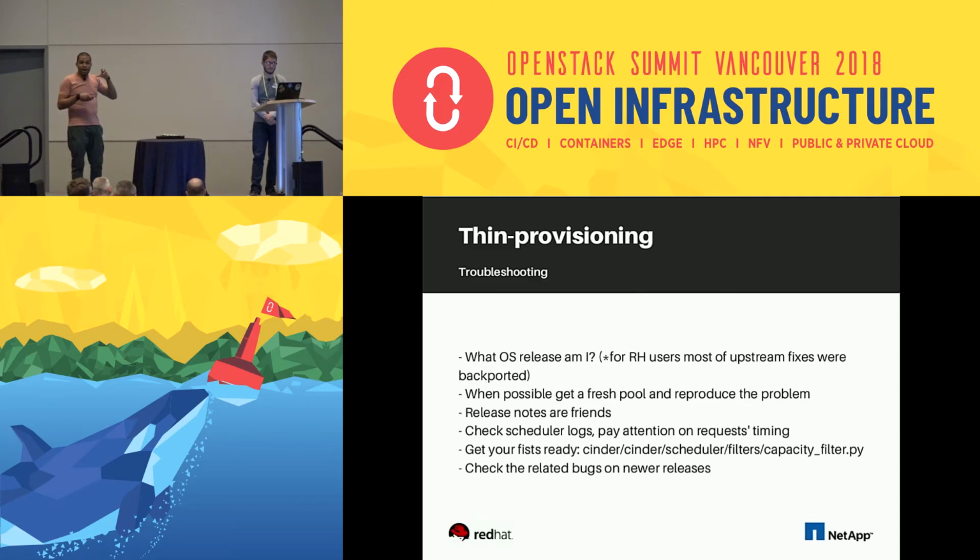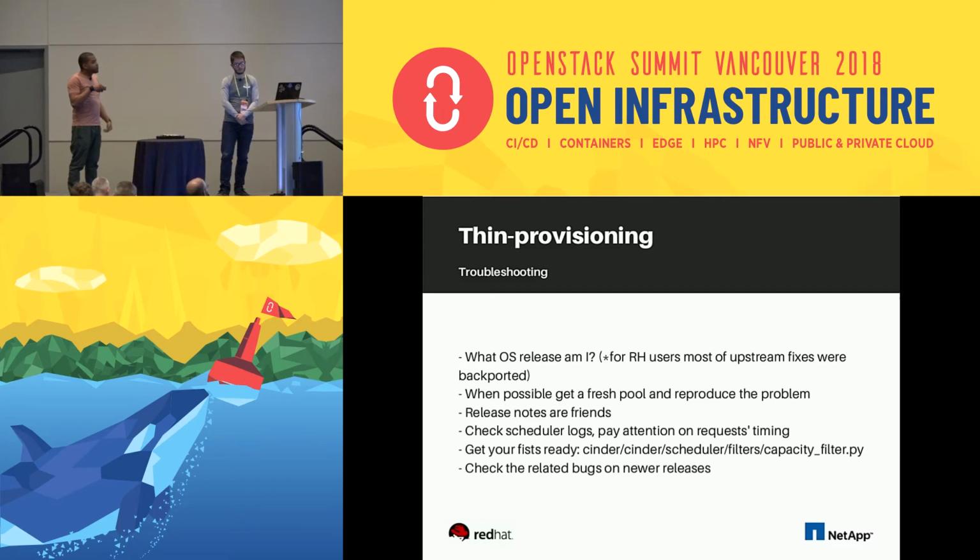So you shouldn't have those problems, or if you are updated, most of the problems that we have with thin provisioning should not be happening to you. So maybe you have just skipped some upgrades. So you need to check with your cloud provider, I mean, your Red Hat or Ubuntu, you know.